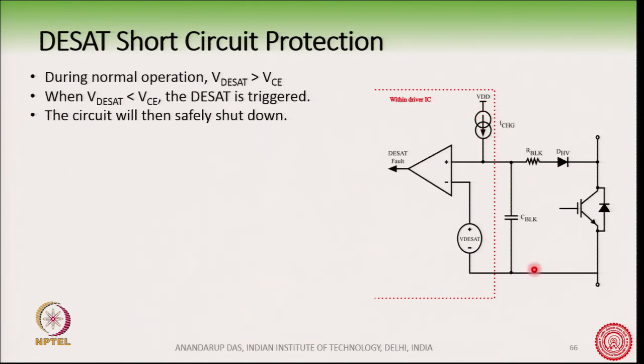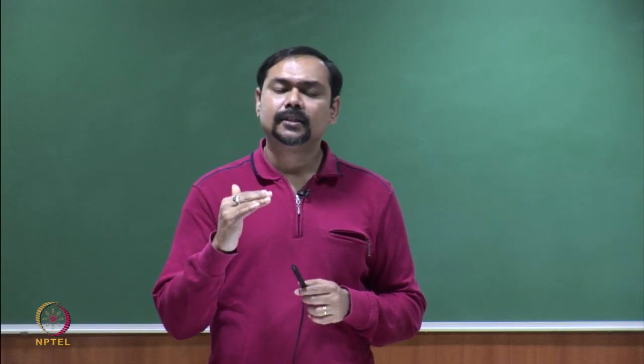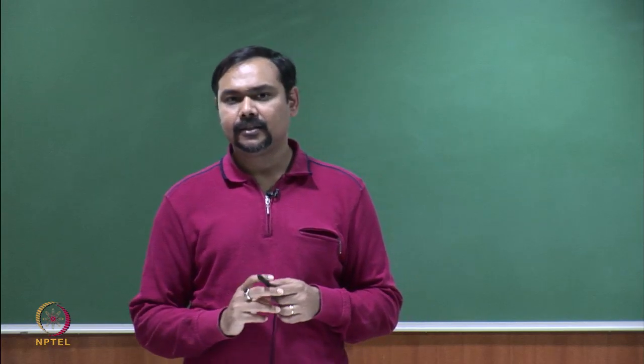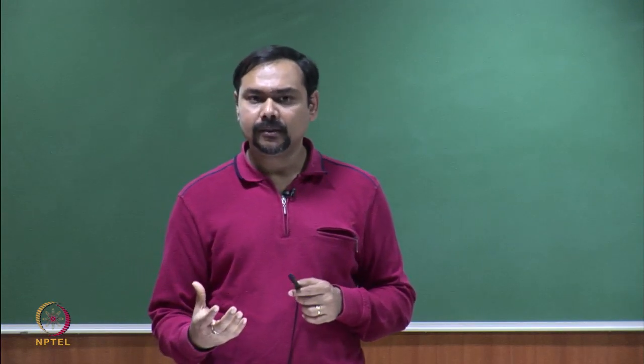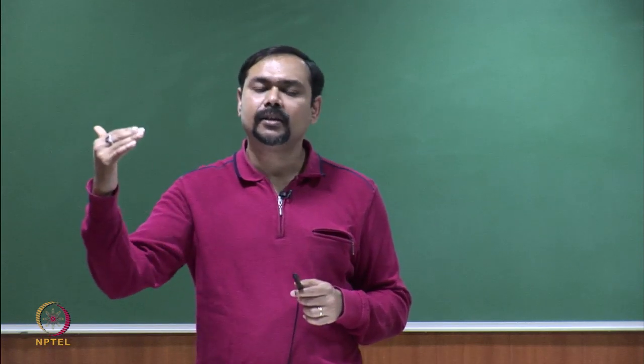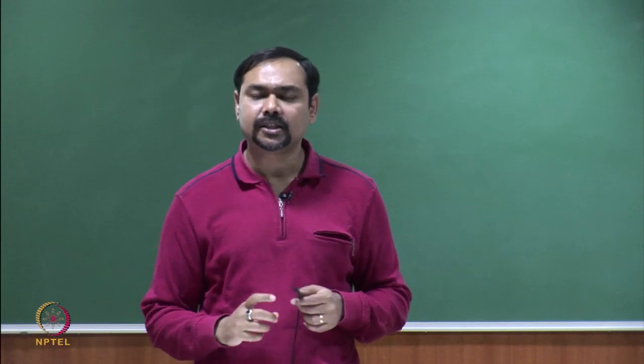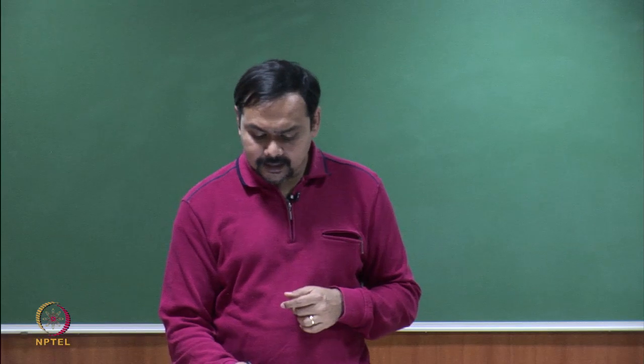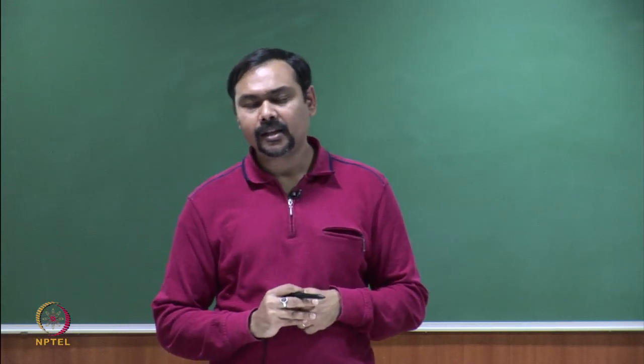That part we will not go into the details of, it is not necessary, but this C blanking will provide you the delay, so that once the IGBT has settled down to 2 volt, after that delay the short circuit protection gets activated. So, when the IGBT is fully conducting and a short circuit happens, the voltage will rise from 2 volt to 7-8 volts, then the DSAT protection gets triggered and it will shut down this IGBT in a safe fashion.